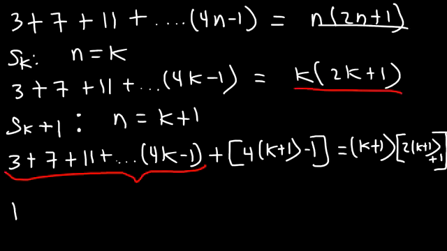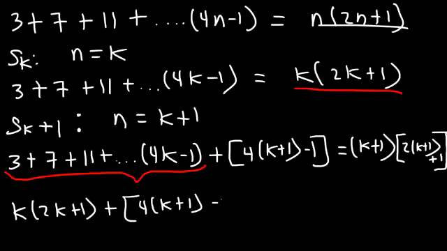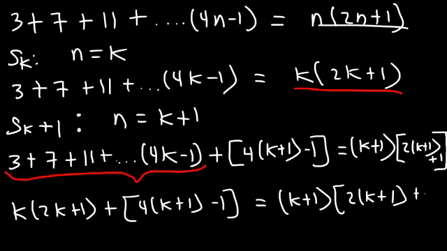So we can replace it with k times 2k plus 1. So how can we prove that these two sides of the equation are equivalent to each other? Feel free to pause the video and try it.